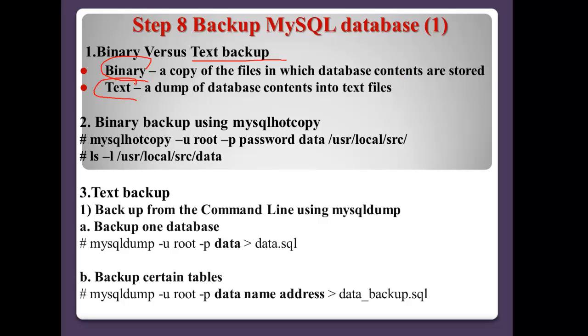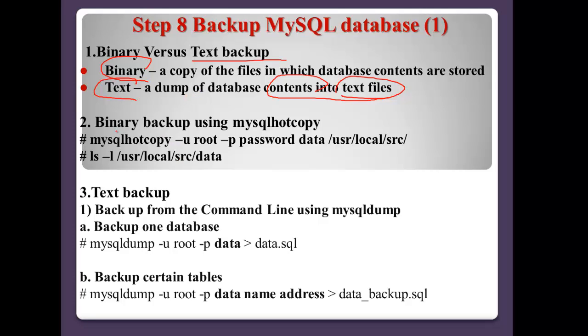And the text backup is a dump of database contents into a text file. So if we use the text backup, this command will make the SQL file using all contents in the database. For the binary and the text backup, we can use two commands.